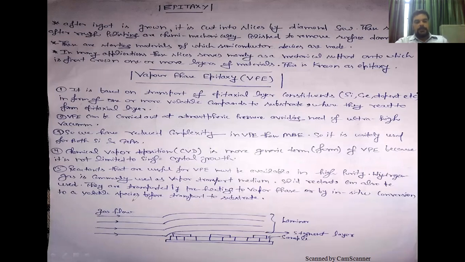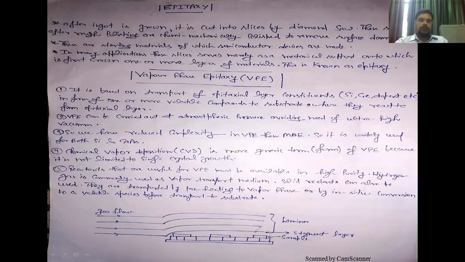We use a carrier gas along with the constituents from which the epitaxial layer is to be grown. This gas flows in the chamber and reacts with the sample surface, and accordingly the epitaxial layer is grown. This is the very basic idea behind vapor phase epitaxy.